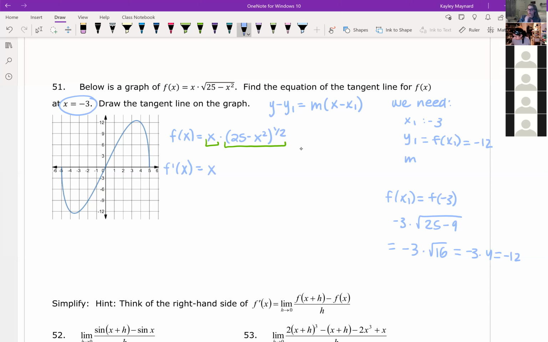Our outer piece is to the 1/2 power, so our power rule says I bring down the 1/2, I keep what's inside those parentheses, and then I subtract 1 from the power. So this gets raised to the negative 1/2. But don't stop here, because the chain rule says that you have to multiply it by the derivative of this inner function here. So what's the derivative of 25 minus x squared?